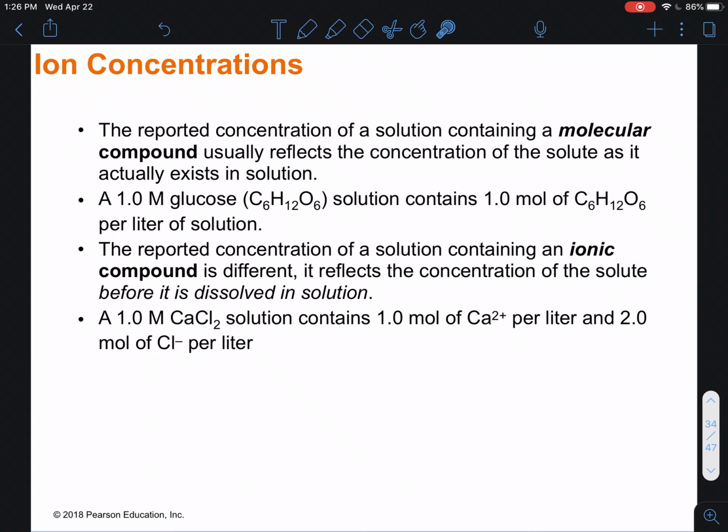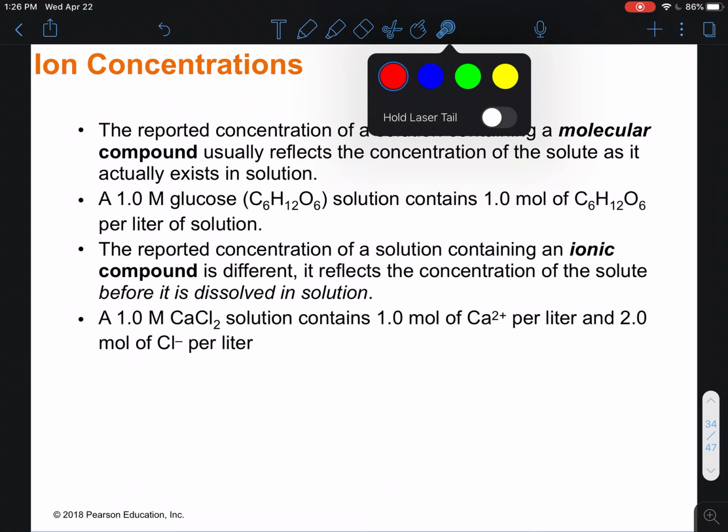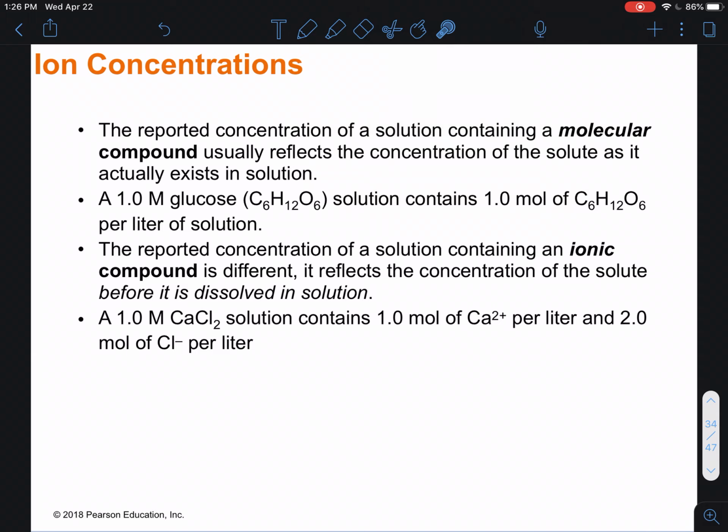Ion concentrations is another really important thing that you are going to have to know. Remember, when we throw ions in solution, they break up. The reported concentration of a solution containing molecular compounds usually reflects the concentration of the solute as it actually exists in solution. A 1 molar glucose solution contains 1 mole of glucose per liter of solution.